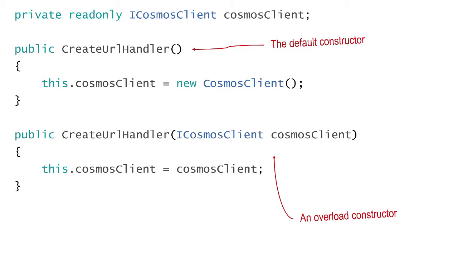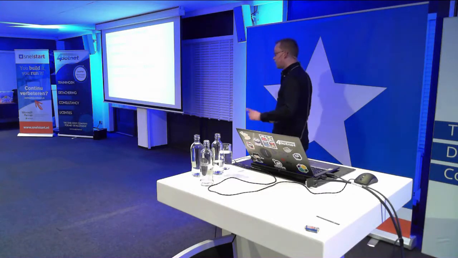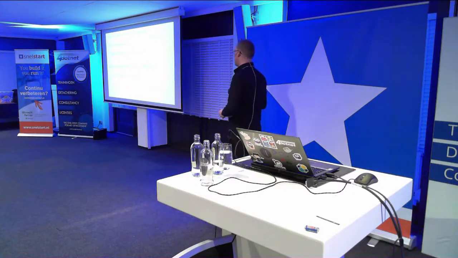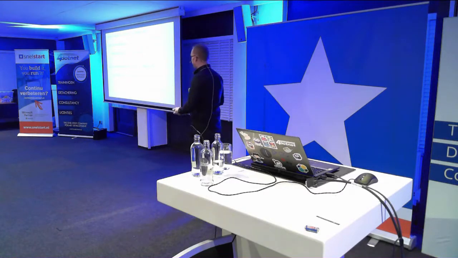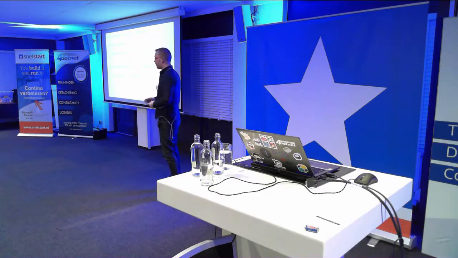Most of the time, I only have one implementation of this interface, in this case the ICosmosClient, because if you have two implementations of an interface inside one Azure function, in my opinion you're doing it wrong, because why have, let's say, a Mongo Cosmos DB client and a Cassandra Cosmos DB client inside one Azure function?